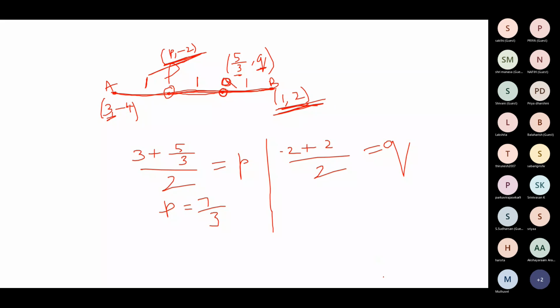So 0 by 2, so q is equal to 0. So (7/3, 0).